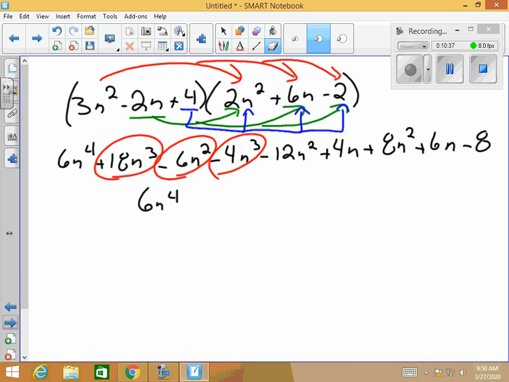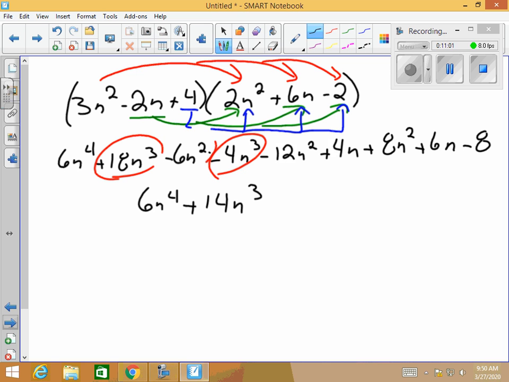Let's see if I can get that negative 6n squared out of there as red. All right, so hopefully that didn't screw anybody up. So then we get a positive 14n cubed.